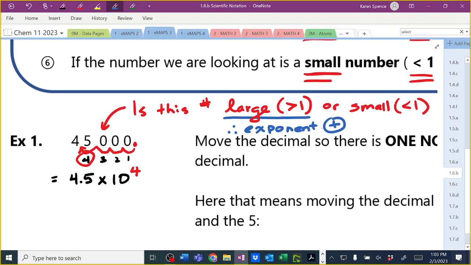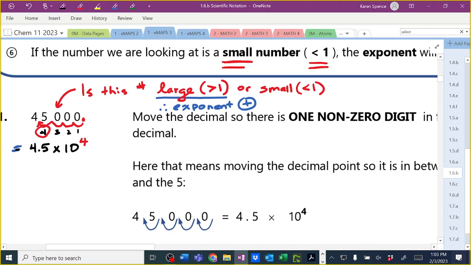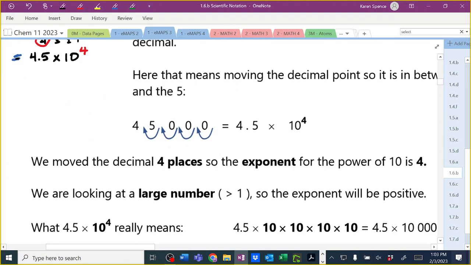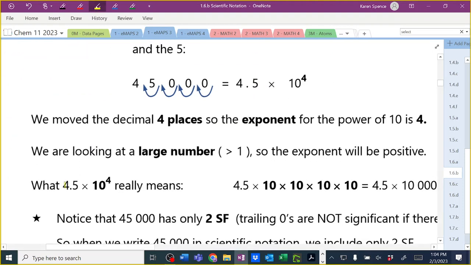Now let's prove to ourselves that we actually have two things which are equal to each other. So if we go down here, we have 4.5 times 10 to the 4. And what that really means is 4.5 times 10 times 10 times 10 times 10, 4 times.